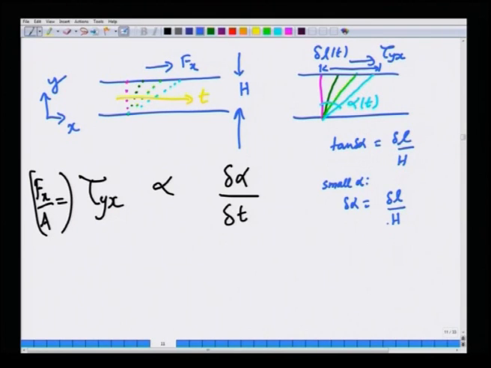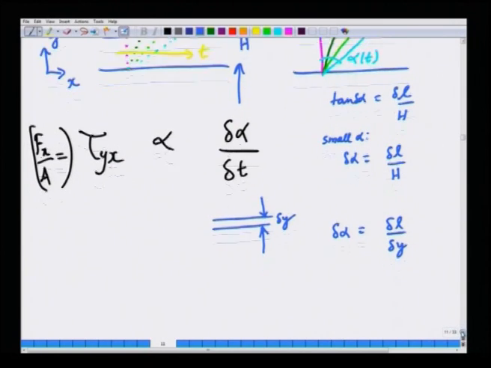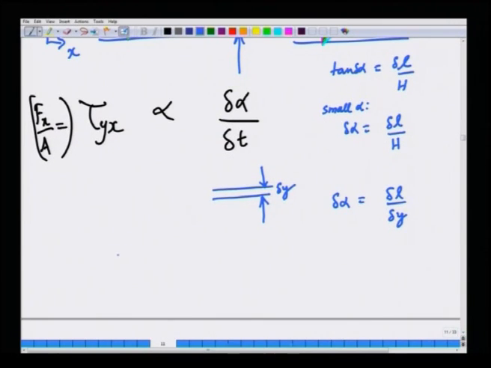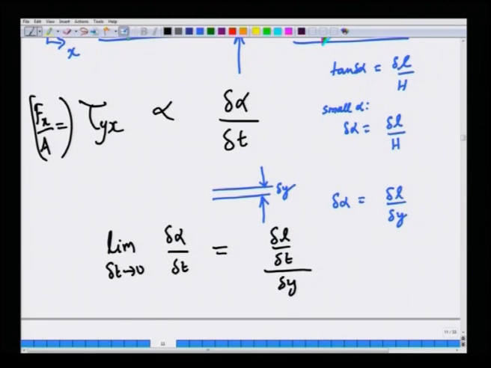So, you can also write this, instead of writing it for a bigger thickness H, for a smaller thickness delta y. So, delta alpha will be delta L by delta y. In the limit as delta t going to 0, delta alpha by delta t will become delta L by delta t divided by delta y.